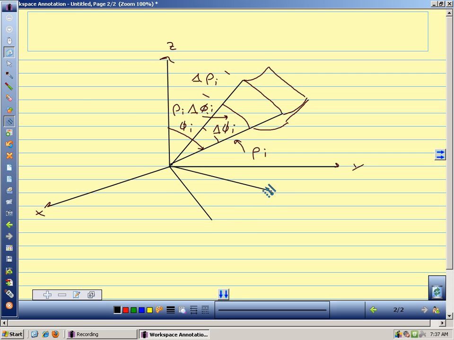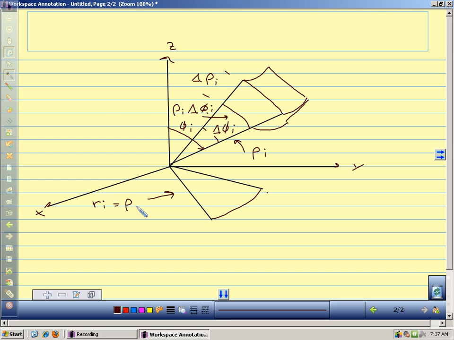Here in the xy plane we have a little section. This radius in the xy plane, r sub i, equals rho sub i sine phi sub i. And this arc is r sub i delta theta sub i. And if I do my conversion, that's rho sub i sine phi sub i times delta theta sub i.